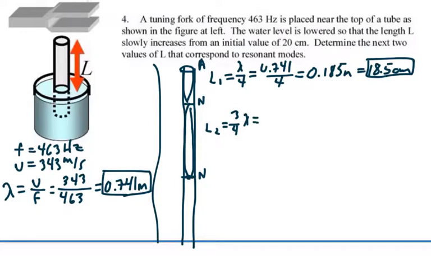So it's really going to be 3/4 times 0.741, and that's equal to 0.556 meters, or we could say 55.6 centimeters down.